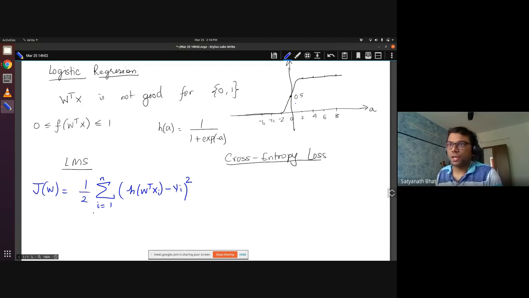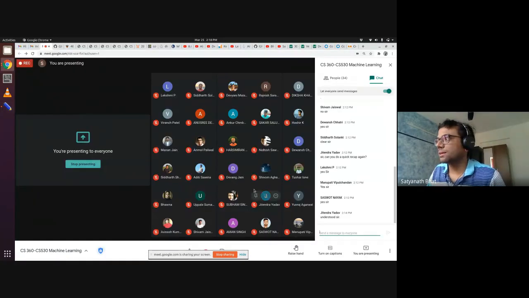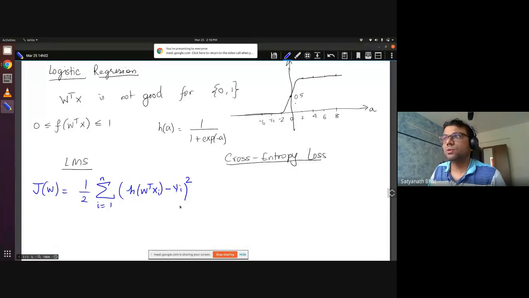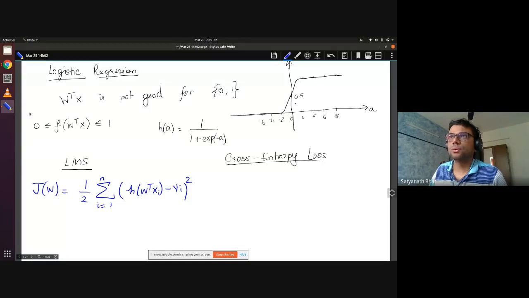Now, if I use this as my training model, I will pick some people because people are very quiet. I will ask someone to answer this. Jitendra, can you tell me if I use this as my learning model, how will I train W? How can I get values of W if I use this loss function?